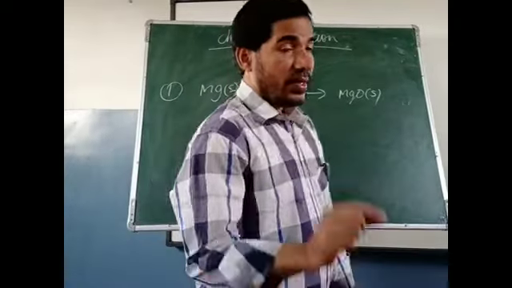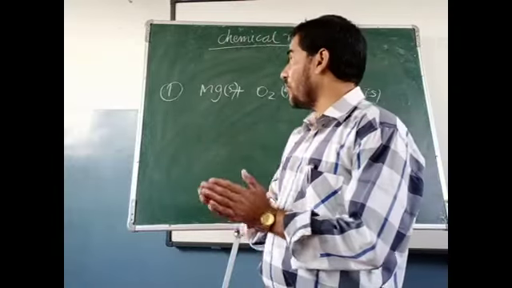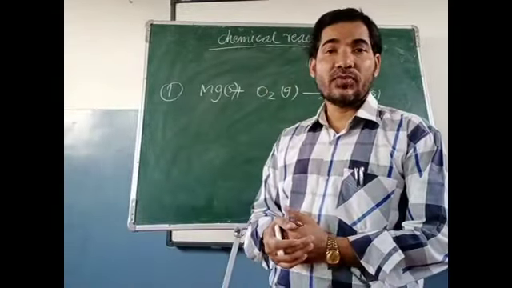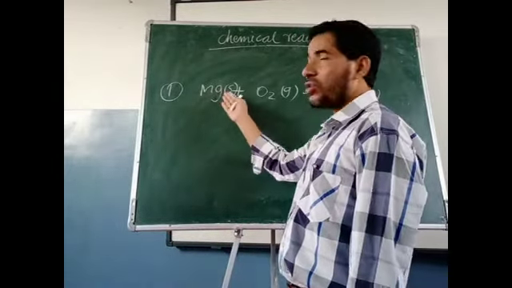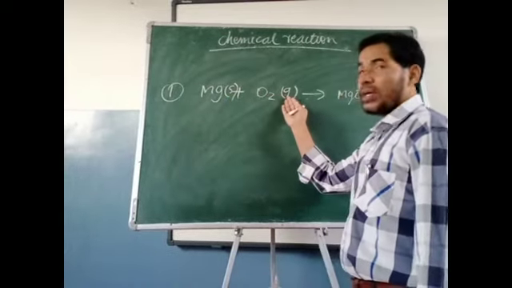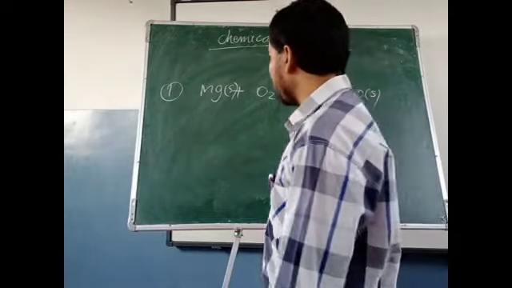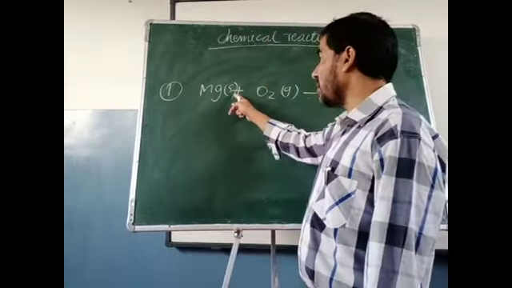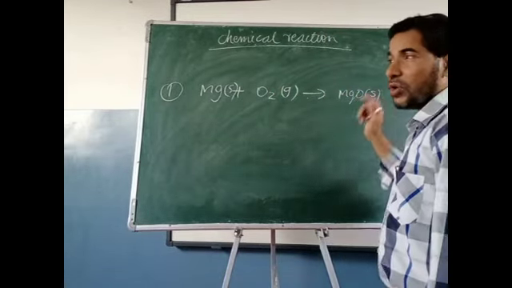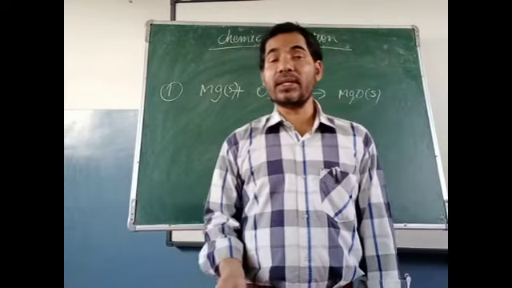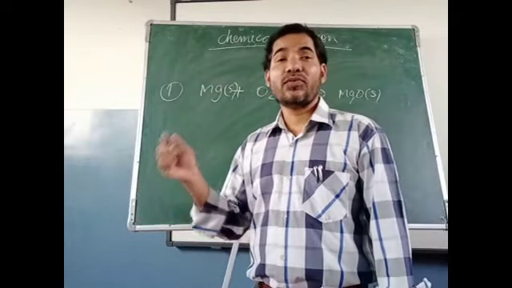It means the chemical equation tells us the physical state of reactants and products which participate in that reaction. You are seeing I have written S in front of the magnesium, G in front of the oxygen, and S in front of the magnesium oxide. What does it mean? It means magnesium is present in solid state, oxygen is present in gaseous state, and magnesium oxide is also present in solid state. So by chemical equation we can identify the physical state of the reactant and product which participate in that reaction.